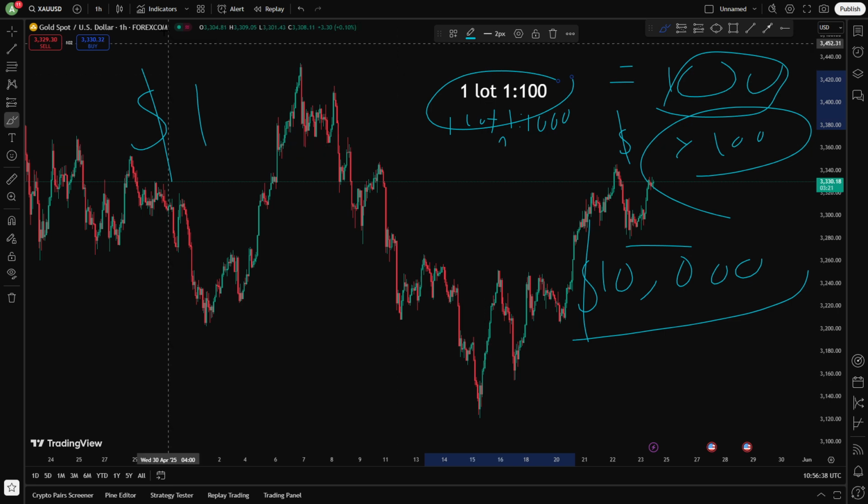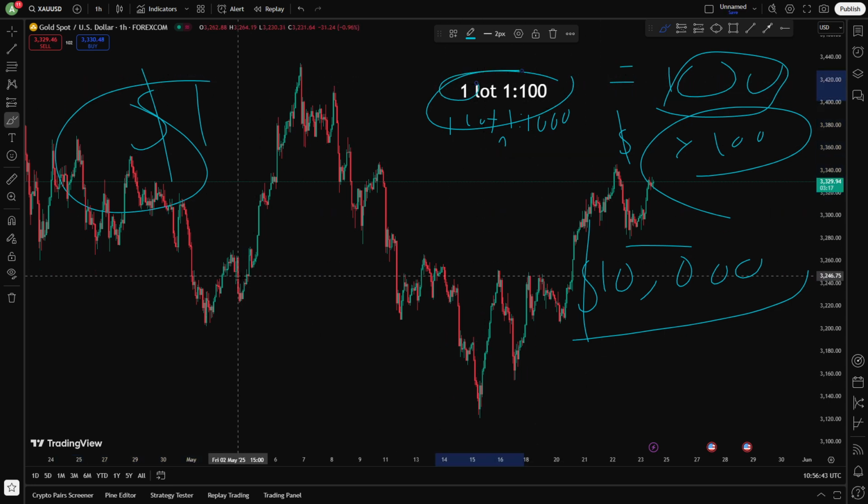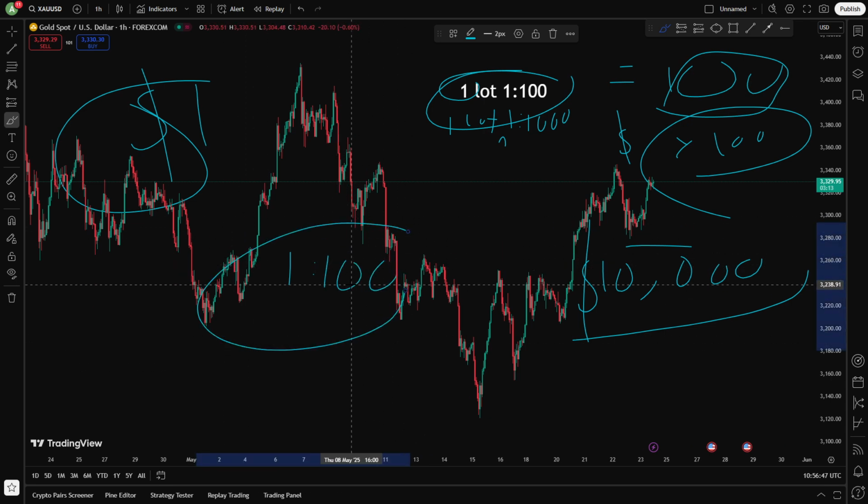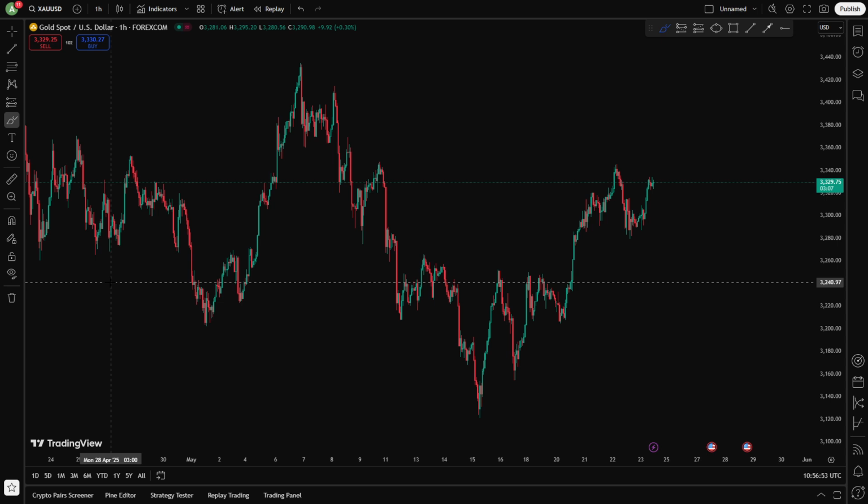And let's say you open the same exact lot size with 100 leverage. It stays the same. It doesn't change your profit. However, it allows you to open more positions. Leverage does not amplify your profits, but it amplifies them if you open more positions.